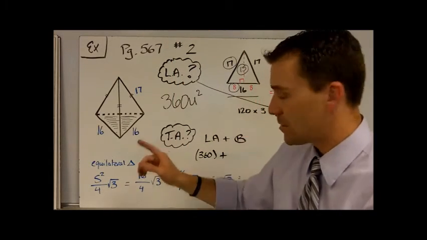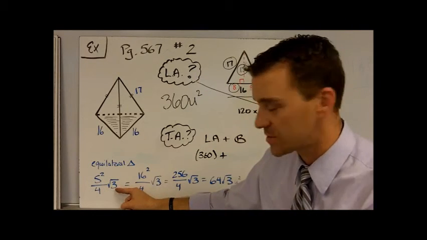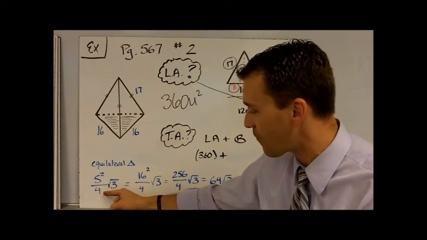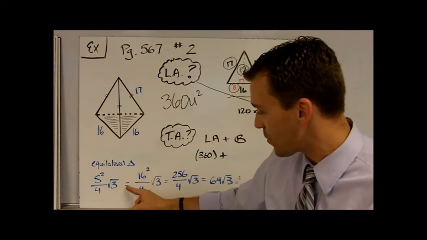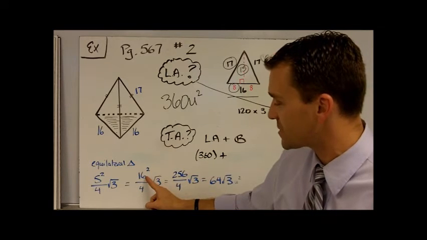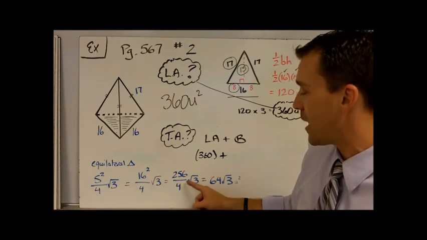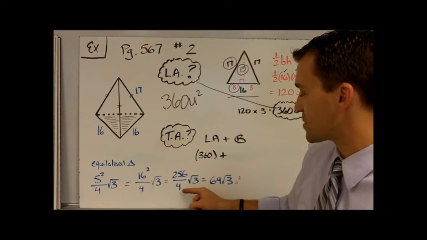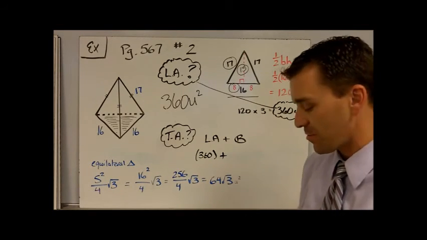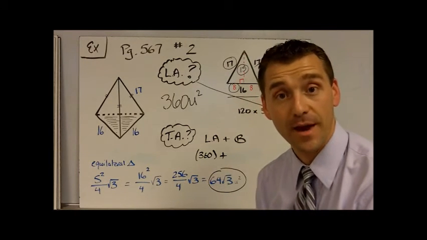There's your formula: S squared over 4 times root 3. I know the side length of my equilateral triangle is 16, so I put 16 in for S. I square that, which gives me 256, so 256 over 4 times root 3. 256 over 4 reduces down to 64 root 3. So this right here is the area of the base.